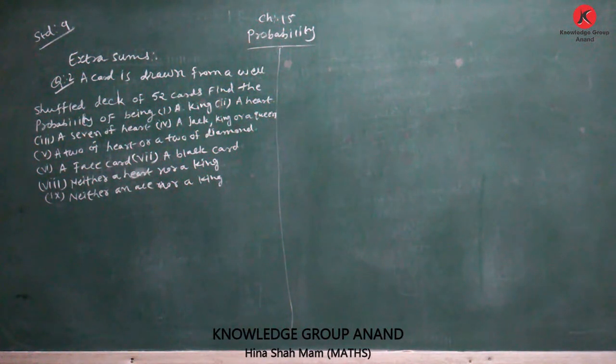Extra sums, question number 2. A card is drawn from a well shuffled deck of 52 cards.